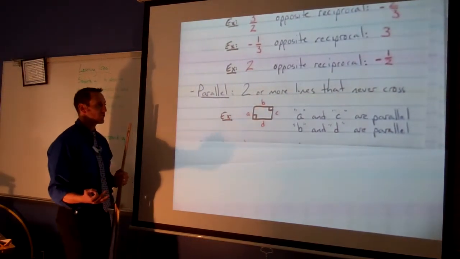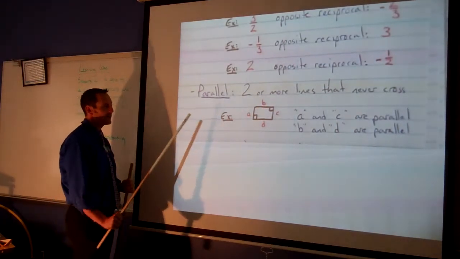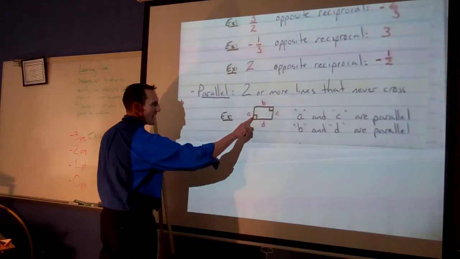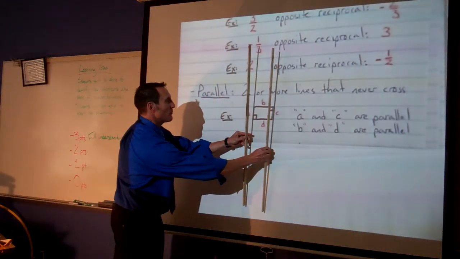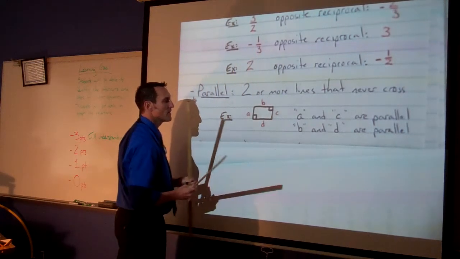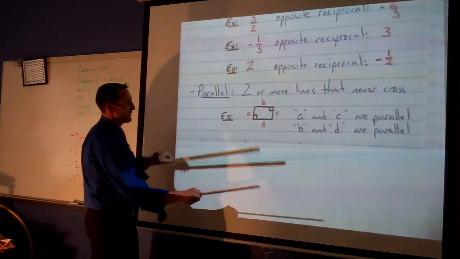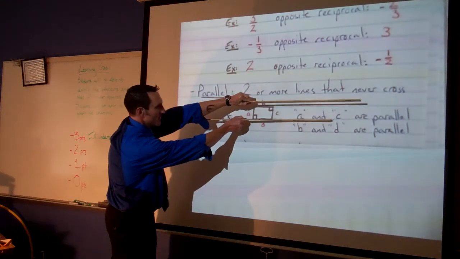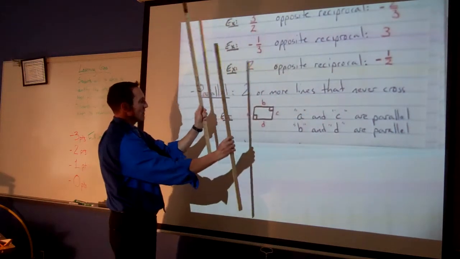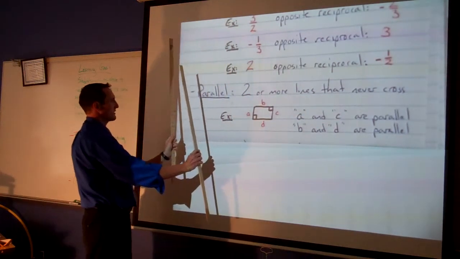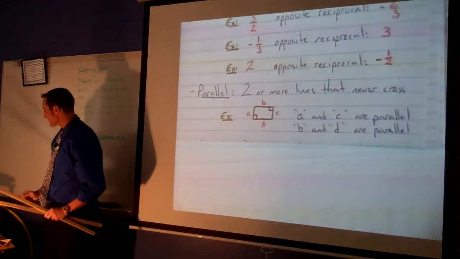Those are 90-degree angles. When I say parallel, I'm saying that side A and side C are parallel, meaning they will never cross. Side B and side D are also parallel. They will never cross. Parallel lines can look like this, they can look like this, they can look like this. Lines that never cross.